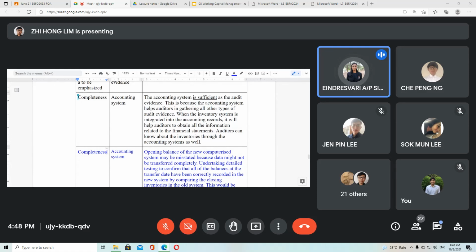So here we are assessing the reliability of the new computer or new inventory system.